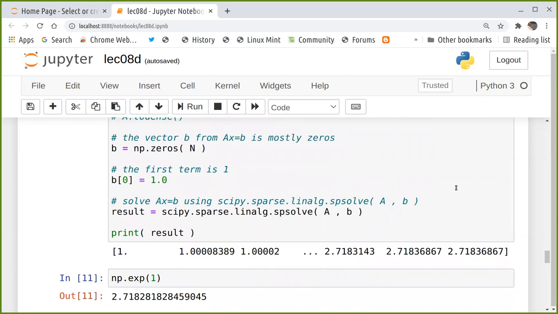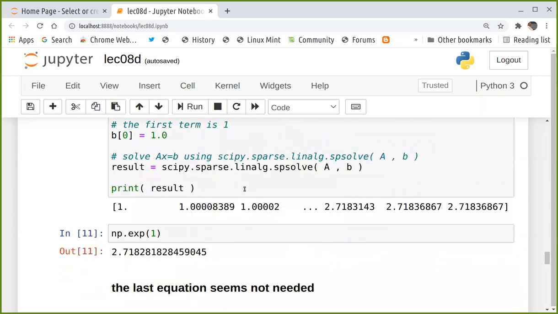And the right-hand side was all zeros except for the first term, which was 1. Now we use spsolve to solve AX equals B, giving it A and B. So we have a very long result of n entries, and the last entry should be the exponential of 1. And it differs in the 4th decimal place.